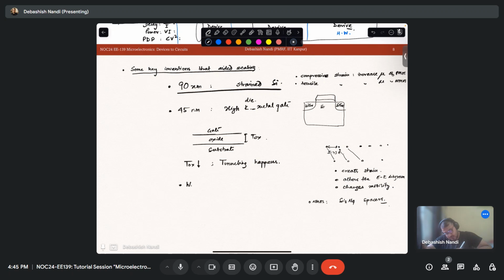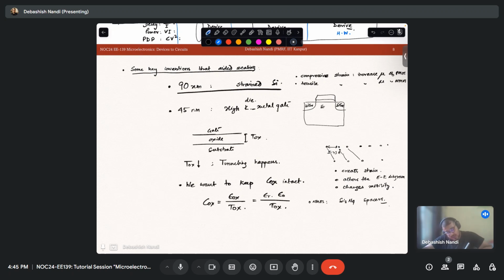So we want to keep COX intact, because COX is what determines the field effect. So COX is epsilon_ox by Tox, and that is epsilon_r times epsilon_0 over Tox.